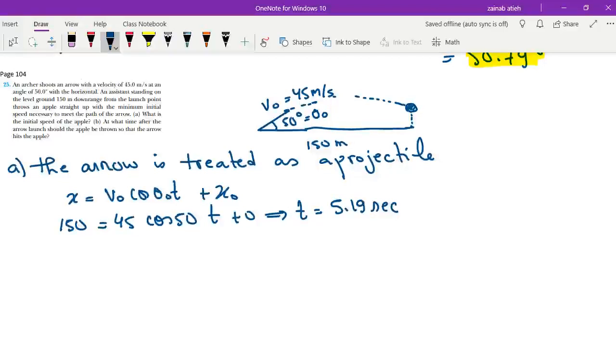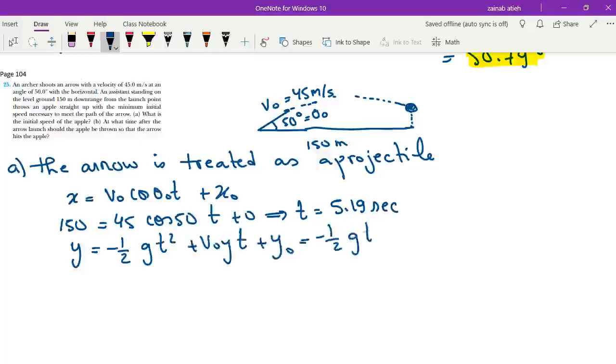Okay, so now I can find y using the equation which depends on time. y is equal to minus half g t squared plus v0y t plus y0, or I can write it minus half g t squared plus v0 sine theta 0 t plus y0. I will try to substitute.